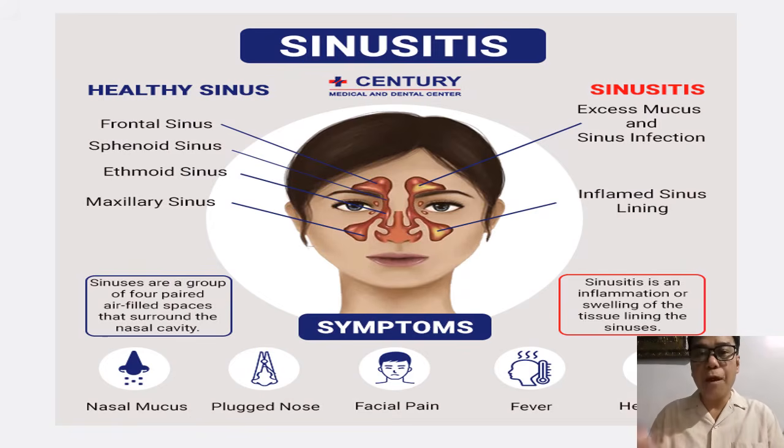If the problem area is the frontal sinus, you could experience pain above the eyebrows. If it is the ethmoid, usually the pain is around the eyes. And if that is sphenoid, the pain is usually behind the eyes and the occiput and even at the top of the head. Okay.